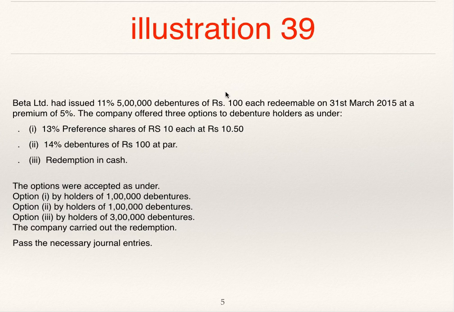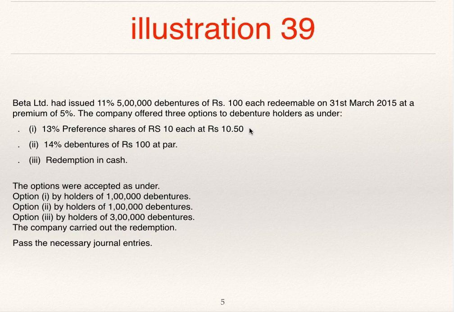Now each debenture will get 100 plus 5, 105. Whatever may be the option, first entry at the time of redemption will be 11% debentures account debit, premium on redemption of debentures account debit to debenture holders.